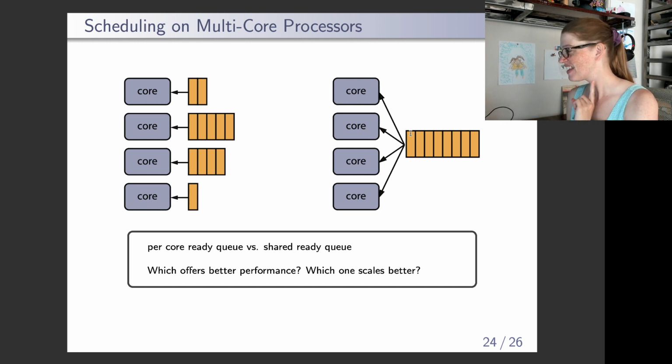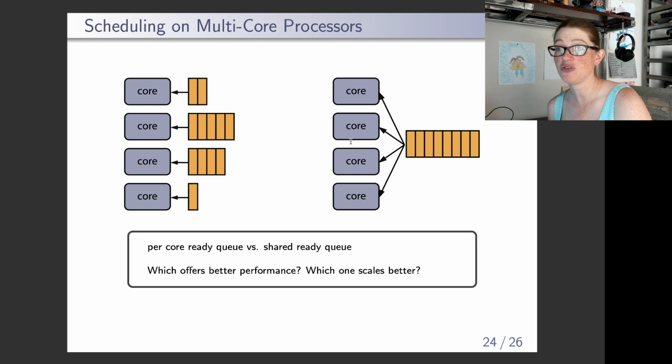But big problem. For 4 cores sharing this, it's not a big deal. But one of the things you've got to keep in mind is that you could have context switching happening on all of these cores at the exact same time, which means all of the cores would be requesting new threads at the exact same time. That would mean that we have contention for a shared resource. We can only handle one context switch at a time, so we'd have to have a lock on this, and each of these other cores would have to wait their turn for their context switches to be handled.